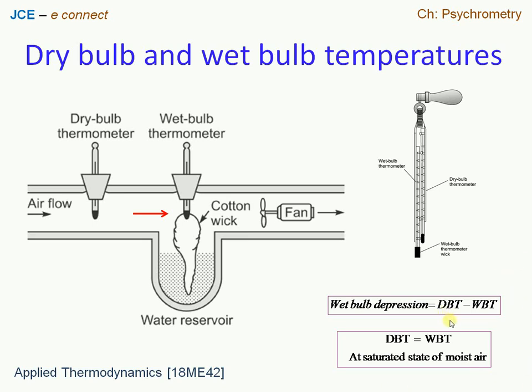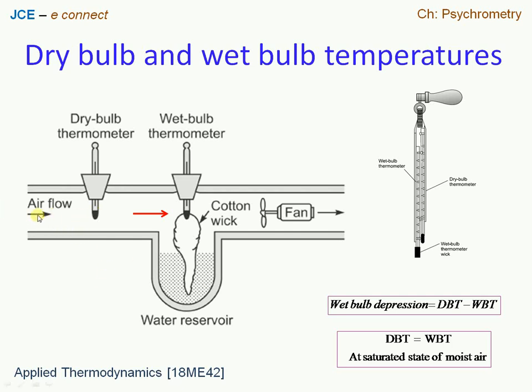A situation can arise when the dry bulb temperature can be equal to the wet bulb temperature. This is possible if the air that is coming through this duct or passage is fully saturated, that means there is enough water vapor in the air. Then that particular sample of air is called a saturated sample of air, and it is in no position to absorb any more liquid.